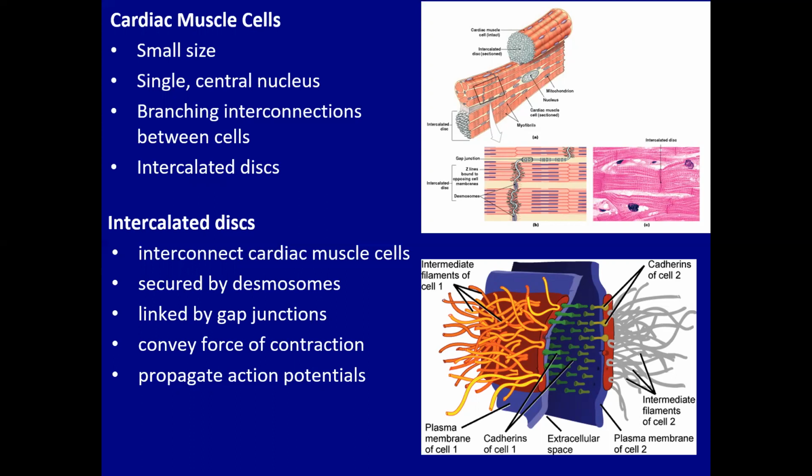So they're also linked by gap junctions. Also remember that when we have cells that are beside each other, they can have no space, which would be a tight junction, or they can have wider spaces, which are gap junctions. And these allow for the force of contraction to be conveyed and also allow for the propagation of action potentials.